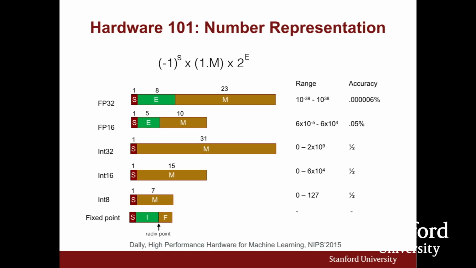For example, FP32, meaning using 32 bits to represent the floating point number. There are 3 components in the representation: the sign bit, exponent bit, and the mantissa. And the number it represents is given by -1 to the s times 1.m times 2 to the exponent.